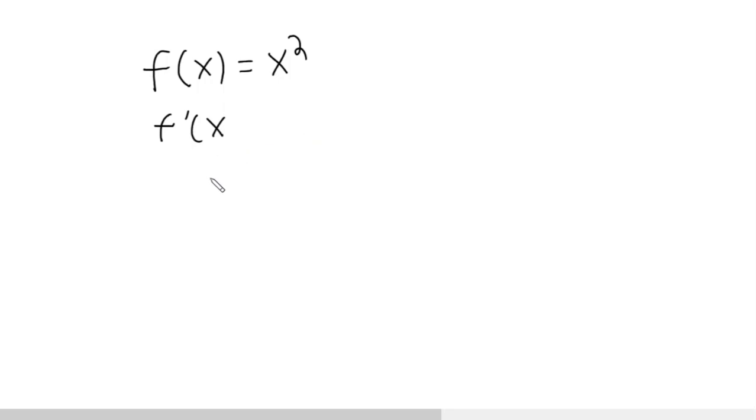But what if I gave you this? What if I said, hey, f prime of x equals x squared, find me f of x? Well, that's where it's a little tricky. And this is definitely a question I thought of myself when I was taking Calculus 1, when I was learning derivatives.